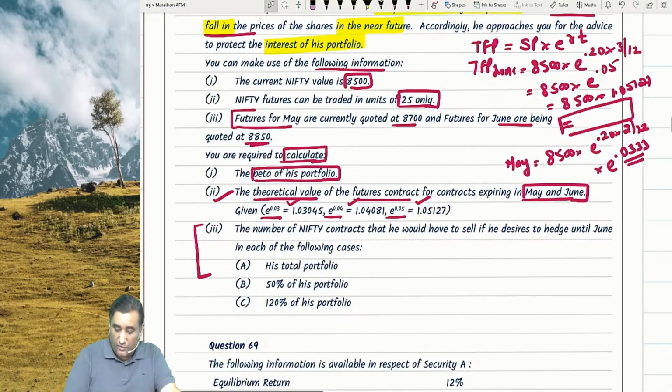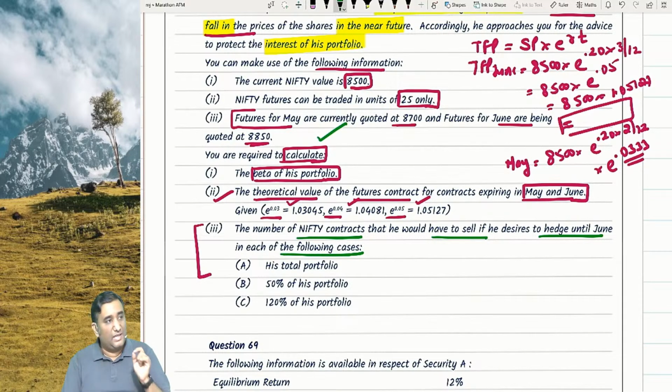Then he says, number of Nifty contracts. Actually reading this: you are required to calculate the number of Nifty contracts that would have to be sold if desired to hedge entirely. Now he has not mentioned what the beta should be. If he does not mention beta reduction, it will always be 0. He wants his total portfolio hedged. That means the normal formula: value of portfolio into beta desired 0 minus beta of the portfolio, 1.10, divided by the futures price into lot size.